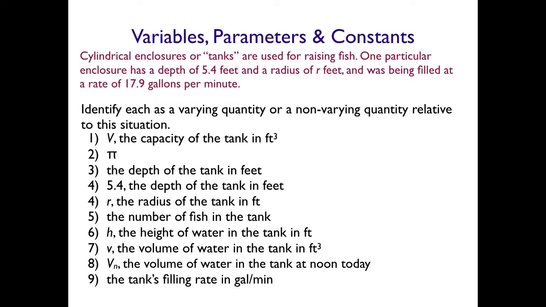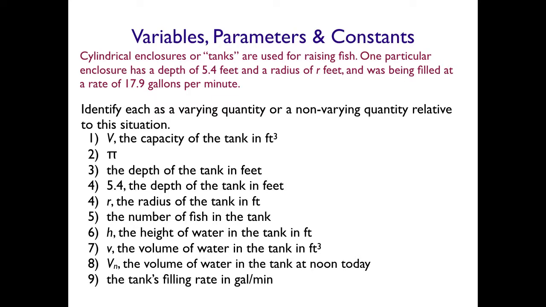What about number 7, the volume of the water in the tank in cubic feet? Is that a variable or is that a constant? It's a variable. Well, how does that compare with number 8, the volume of the water in the tank at noon today? Yeah, V sub n, that volume at noon, that's one particular value of the volume because that isn't varying.